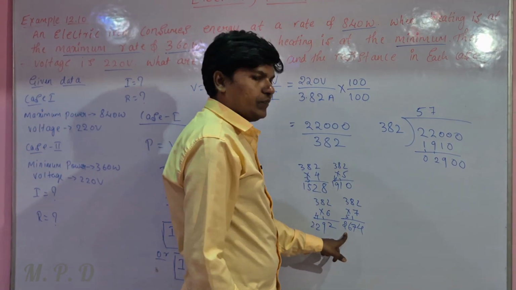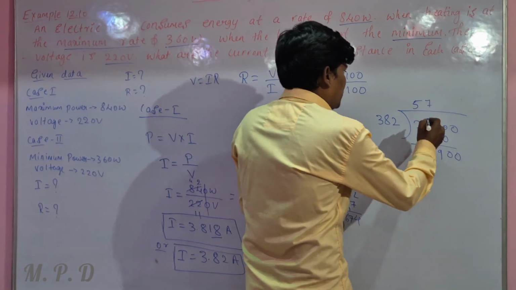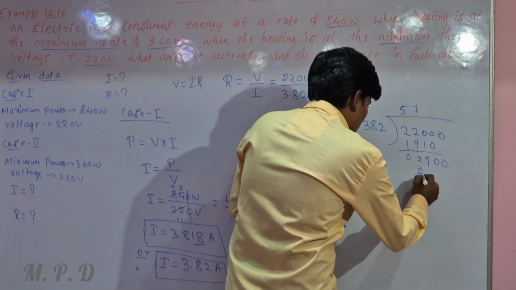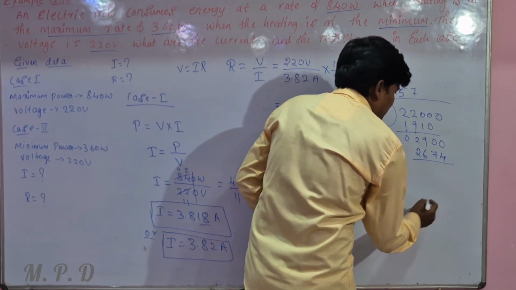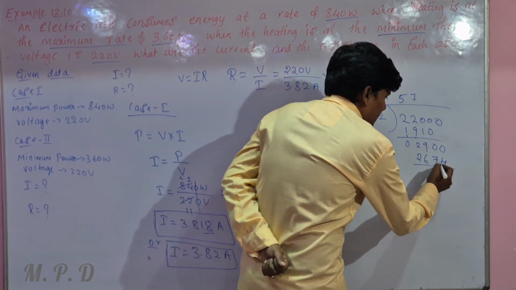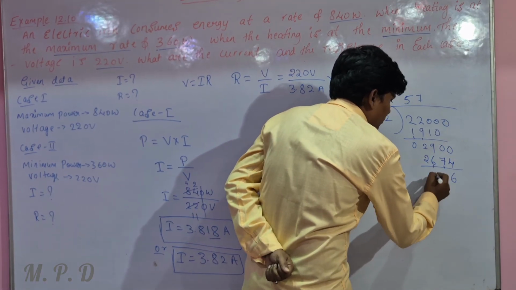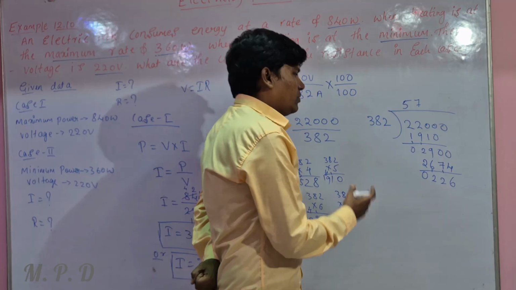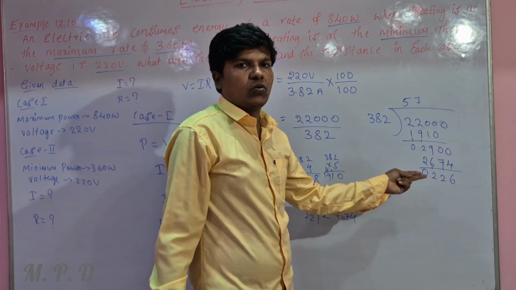I think it is enough, since a larger multiple will not fit. It will leave 226. In the 382 table, we don't have 226.